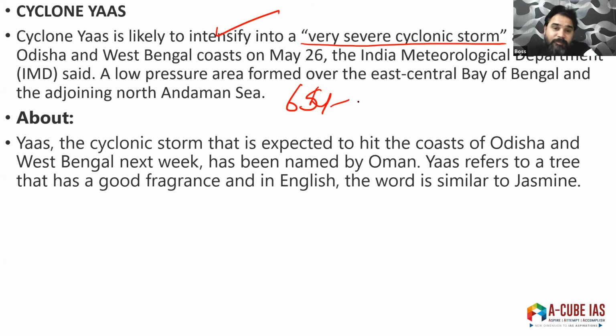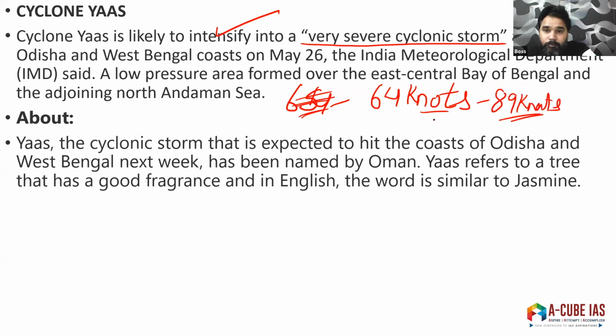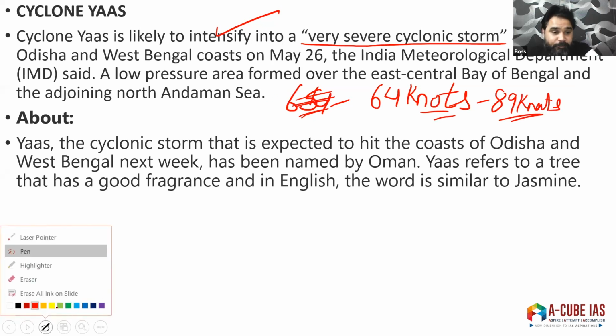What should be the speed? Like I said, 64 knots to very severe cyclonic storm. Okay.